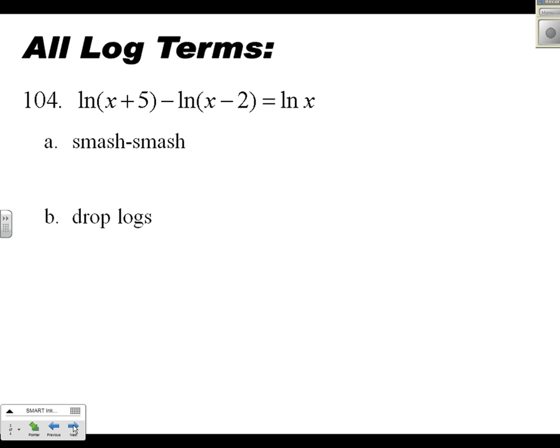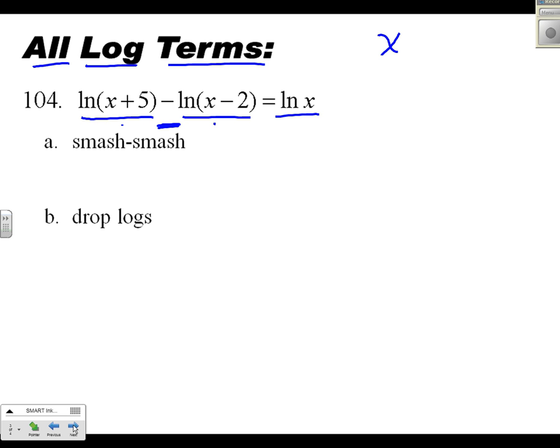Here we have all log terms. Every term in here is a log, same base, same base, same base. So we could group all of those if we wanted to, but we don't have to. We can go ahead and just smash them together on the left, smash them together on the right. Since we have an exponent minus an exponent here, that's what logarithms are, when do we subtract exponents?